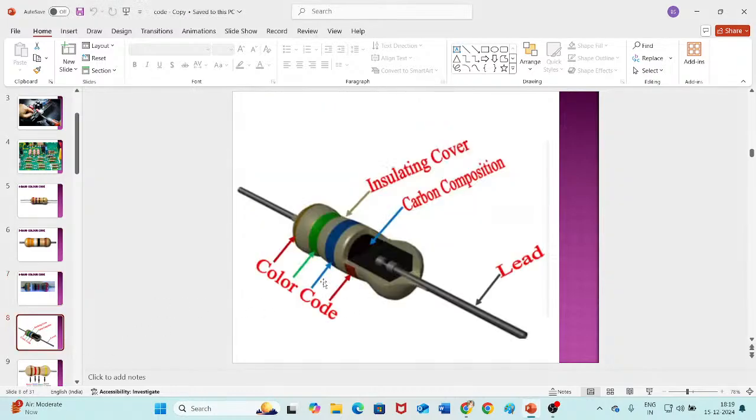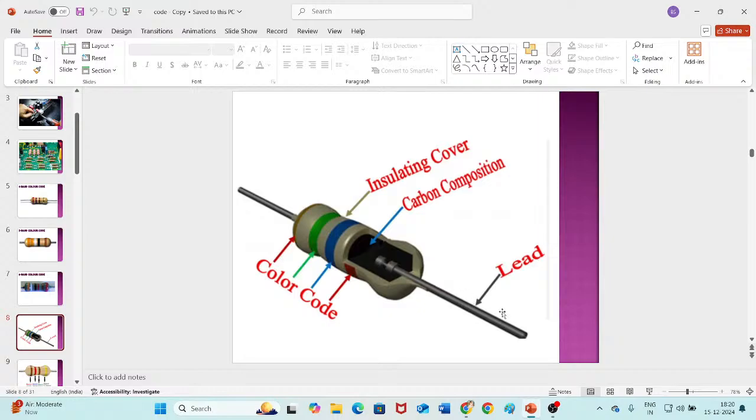Now if we see the composition of 4-band, 5-band or 6-band resistors, inside these coded resistors, carbon composition will be there. You can see this black portion, that is the carbon composition, and above the carbon composition, an insulating cover is provided.